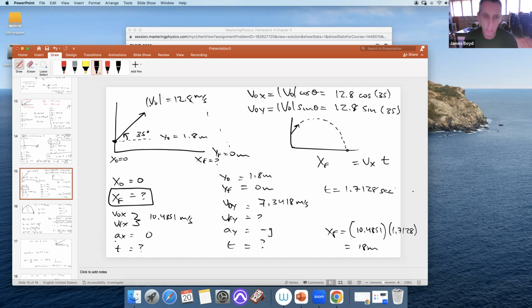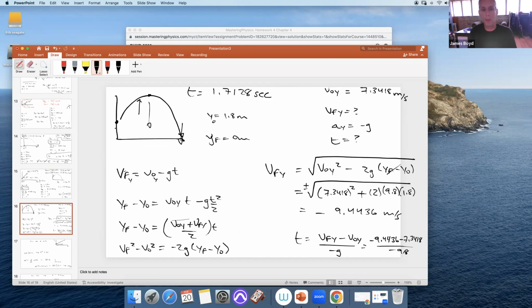So in this one, this is kind of an extension of the last problem, except this time we had to break up our velocity vector into initial X and initial Y. And unlike the previous problem where it was relatively easy to find T from Y, here, because Y initial and Y final are different, it actually became a big old pain.